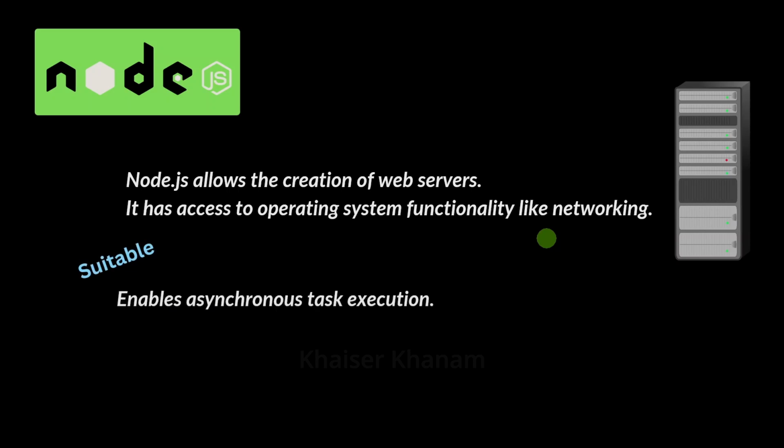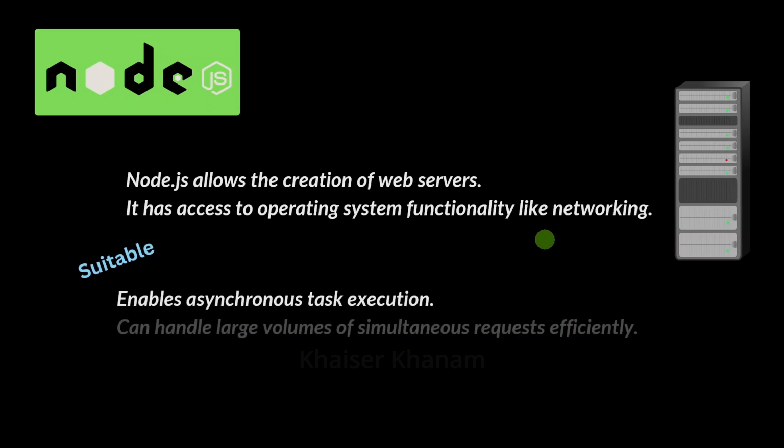And why is this suitable? Because it enables asynchronous task execution, and it can also handle a large volume of simultaneous requests efficiently. So Node is very suitable. If you're working with the backend using Node, you can easily create your own server, and accordingly you can send responses back to the client.